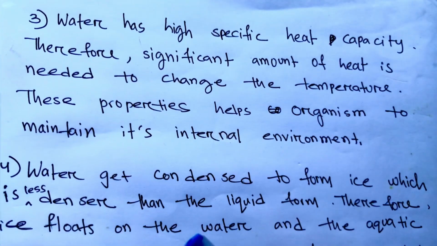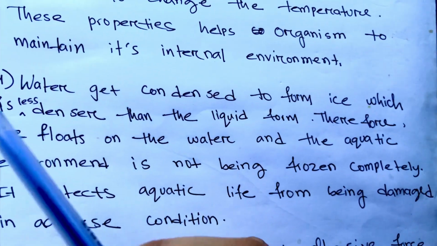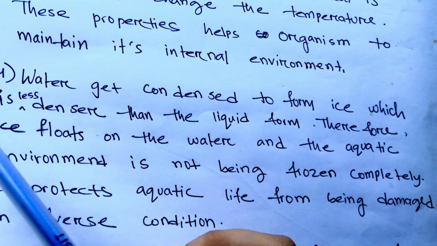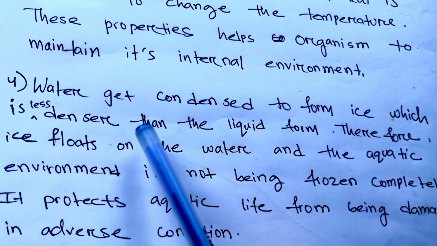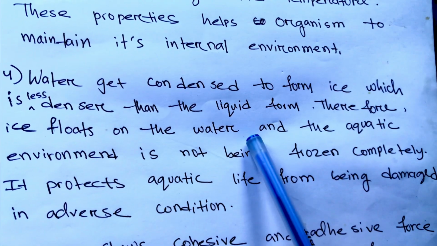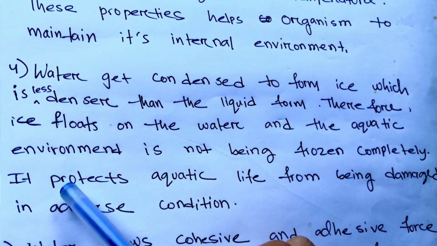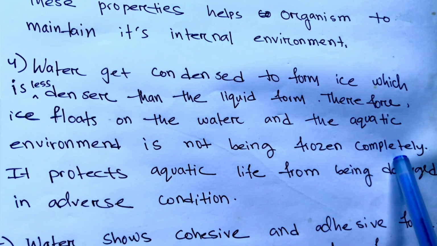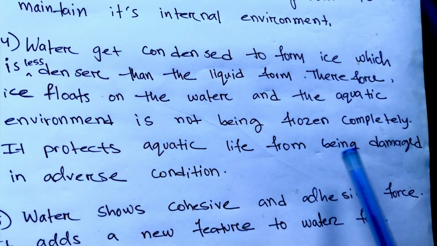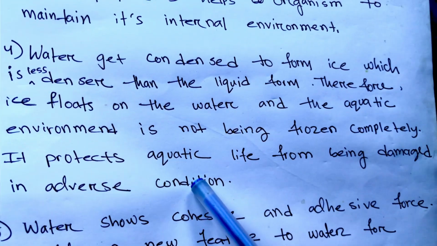Now let's go to the fourth point. Water gets condensed to form ice, which is less dense than the liquid form. Therefore, ice floats on the water and the aquatic environment is not frozen completely. It protects aquatic life from being damaged in adverse conditions.